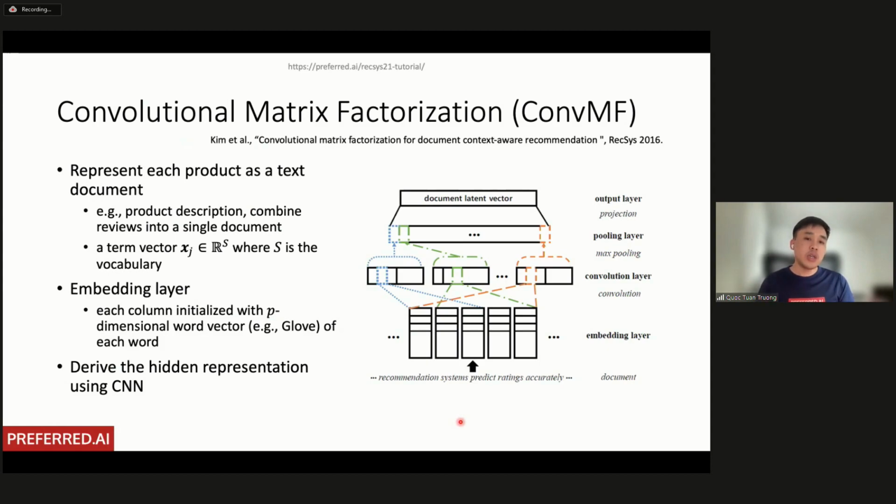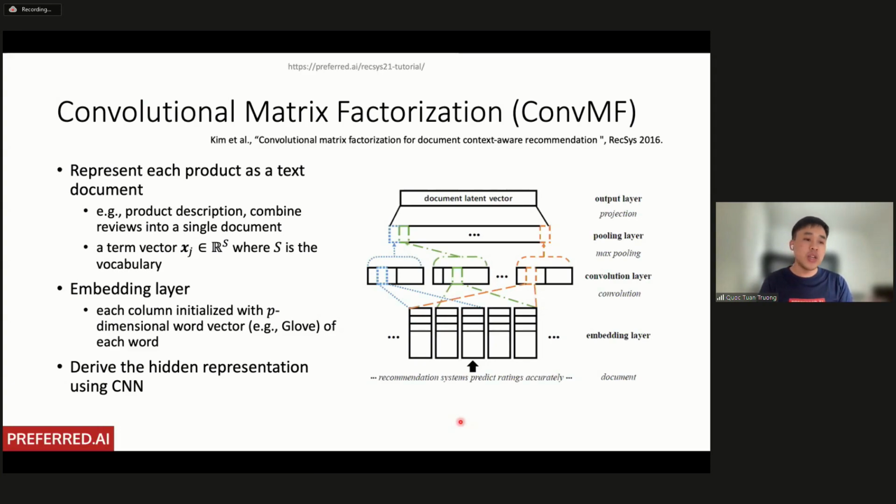So following that direction, this model called ConvMF actually stands for convolutional matrix factorization. As you can guess from the name, basically it's trying to introduce convolutional neural networks to model the text part. And then they try to incorporate it with the matrix factorization framework as well.